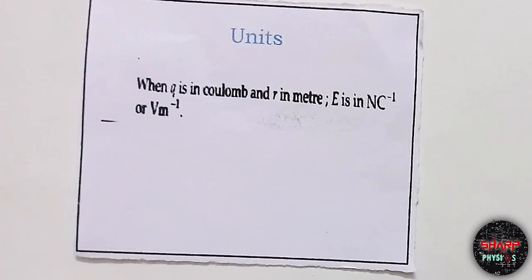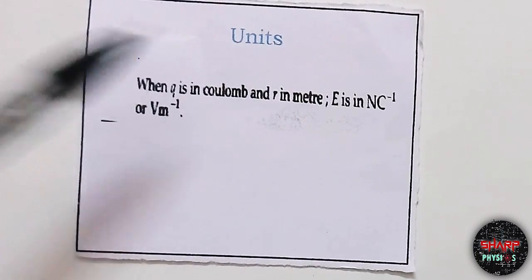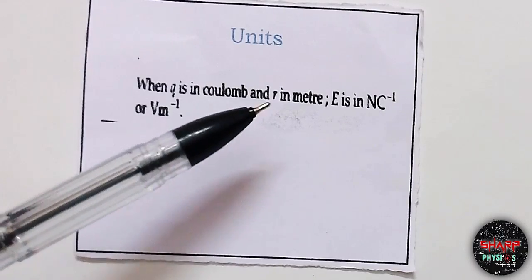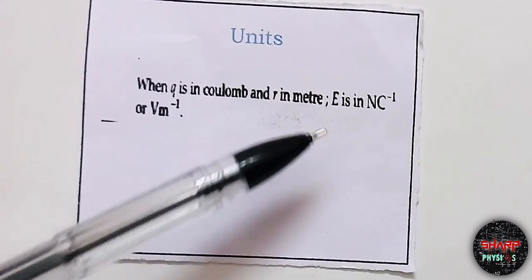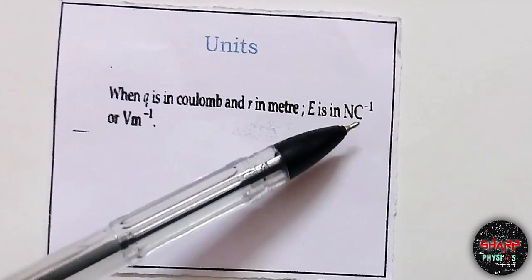When Q is the charge in Coulomb, and R is the distance in meter, E is in Newton per Coulomb.